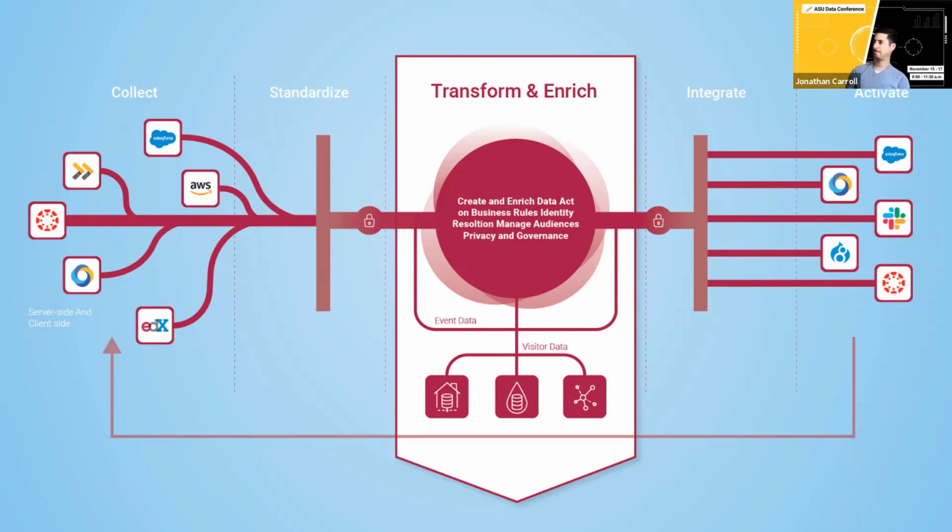And then we integrate. ASU is really great at analyzing data, at building data, at modeling data. It's sometimes difficult to then act on that data because it takes a lot of integration to do something with it. If we're doing email, then we're really good, because of the integrations with Salesforce Marketing Cloud and the Salesforce CRM.